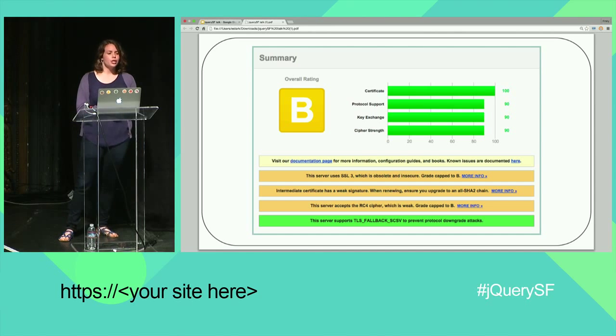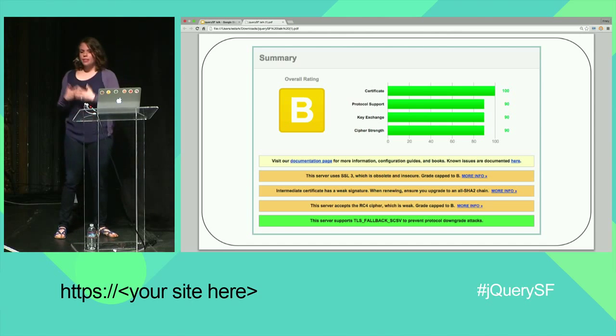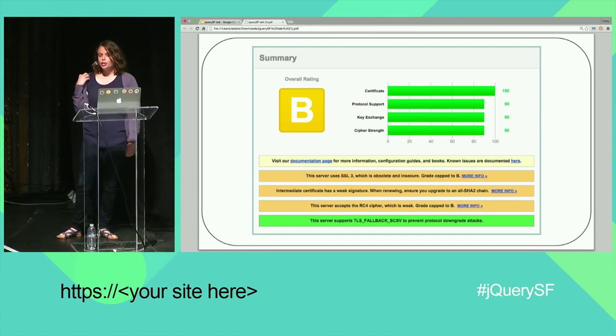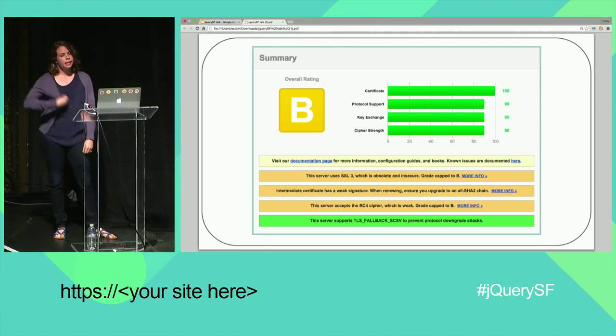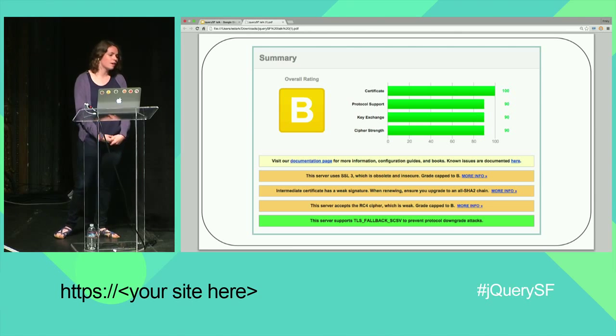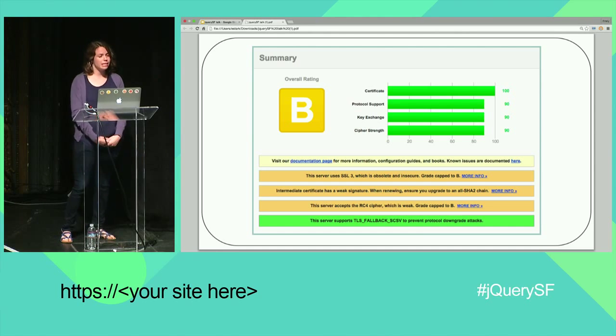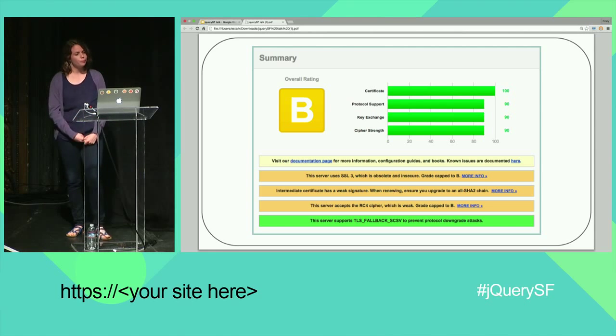And 6 months later, you might have a C or a D or an F. And the reason is that things are constantly changing. There's constantly new attacks and mitigations, new developments in cryptography and security. And it's important to keep abreast of these because unfortunately, TLS is not fire and forget. There is a maintenance effort. And SSL Labs can help you keep up with that maintenance effort. So it should be something that you run regularly and pay attention to instead of something that you just run once and assume you're good to go.